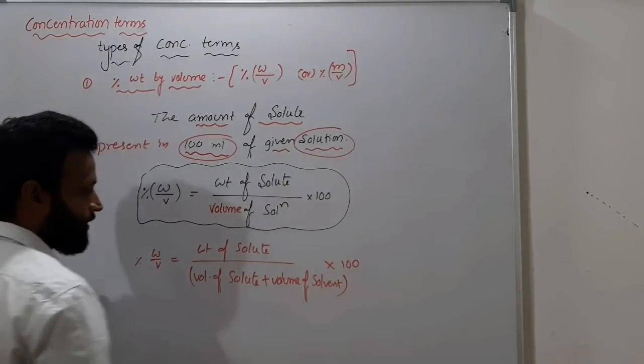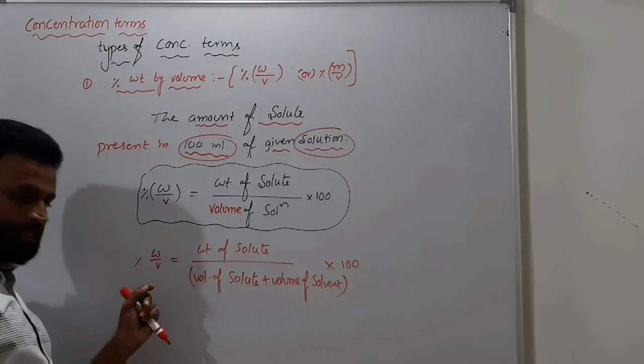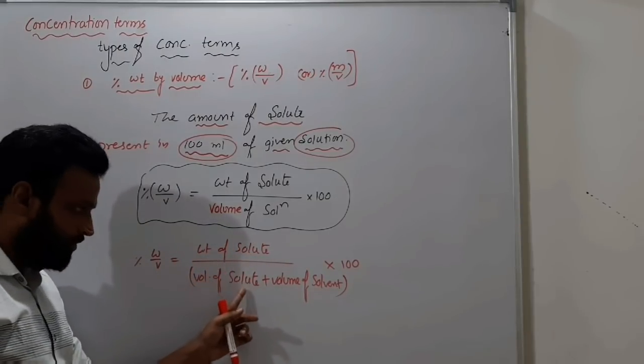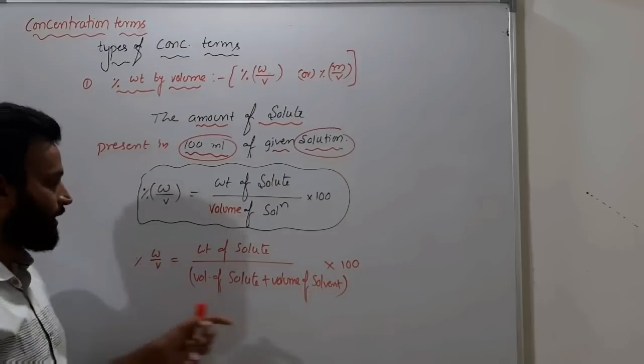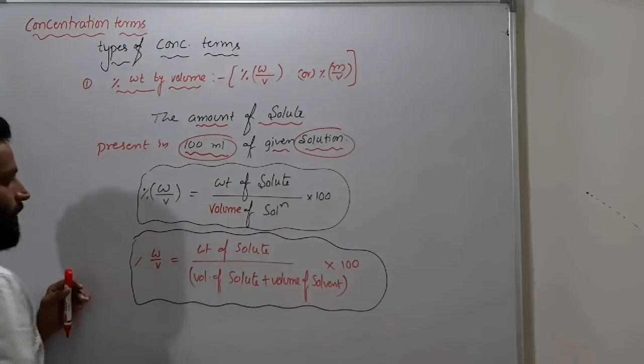This is percentage weight by volume. What is percentage weight by volume? Weight of solute by volume of solute plus volume of solvent into 100. So this is percentage W by V.